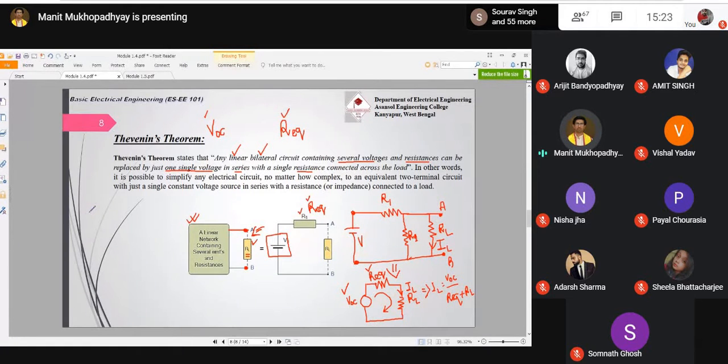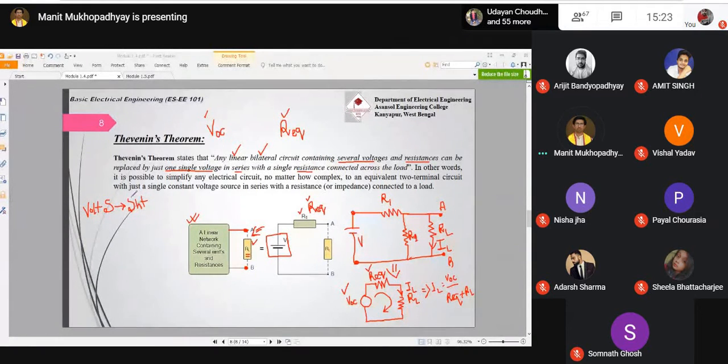When the voltage source is present, we will make it a short circuit. Remember this, this is very important.